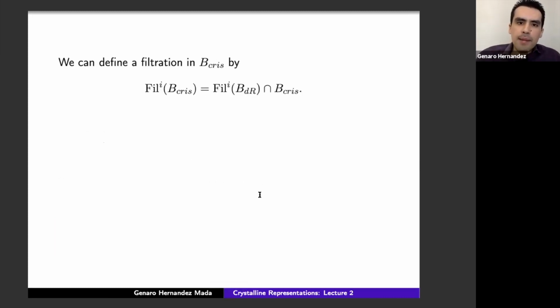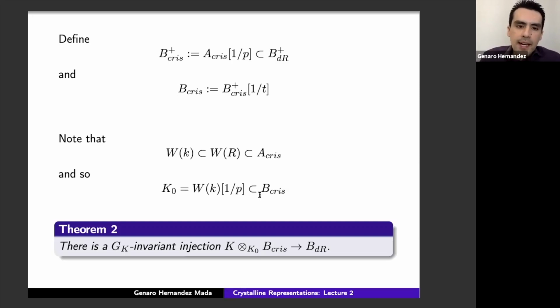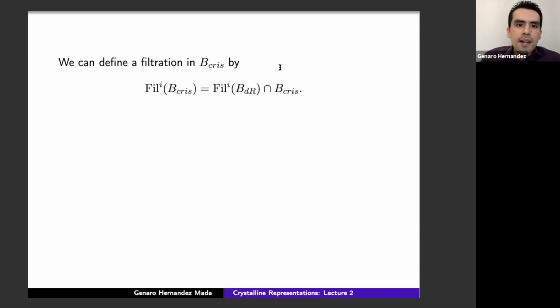If you remember, when we defined B_dR, we defined a filtration inside it. We would like to have a filtration also in B_cris. The fact that B_cris^+ is inside B_dR^+ gives us an idea, because we use the filtration in B_dR to define the filtration in B_cris.